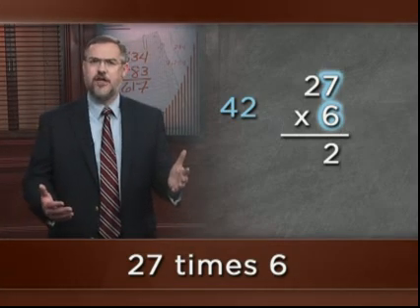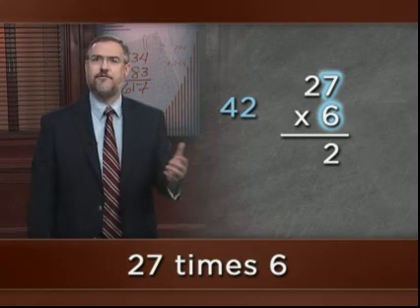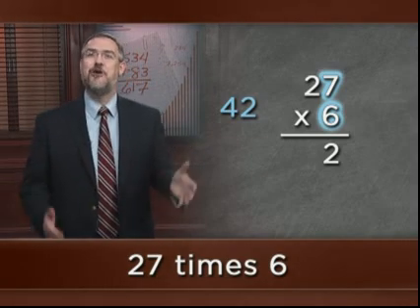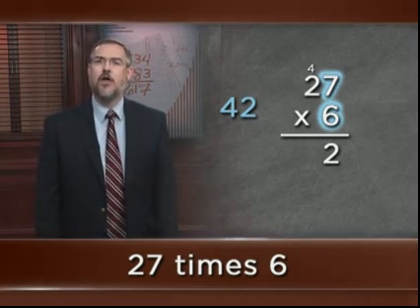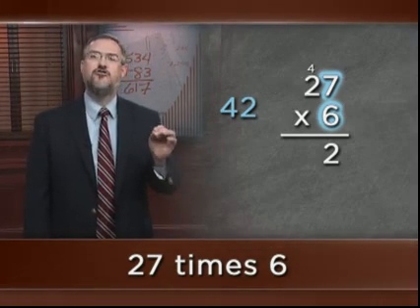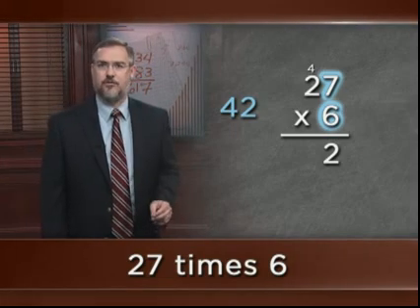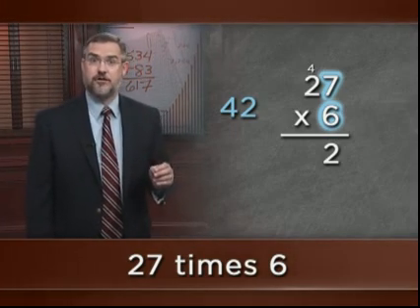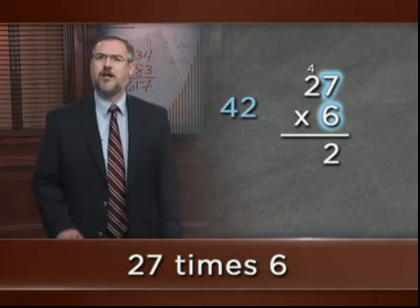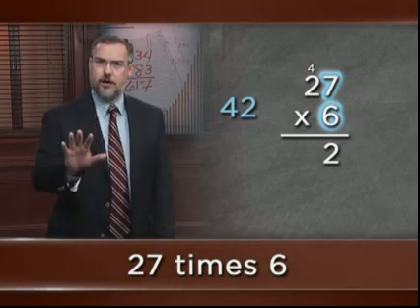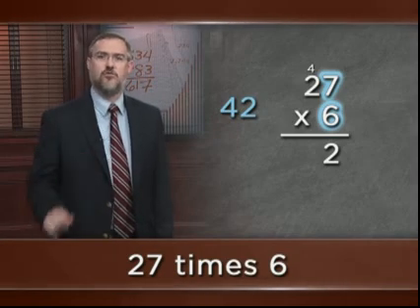But then once I do that, what do I do with the 4 out of the 42? Well, guess what? We carry it. It's the same idea as carrying with addition. We write a small 4 just above the 2 in the 27, because the 2 in that 27 is the next digit over to the left from the 7. For now, just ignore that 4. It will come into play in just a moment, but let's just ignore it.